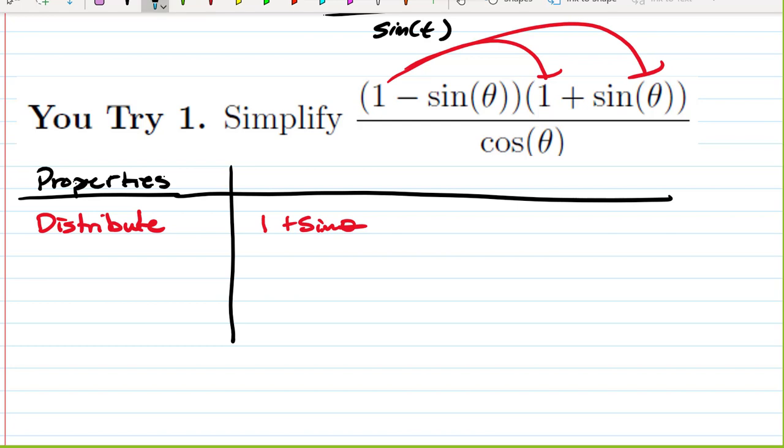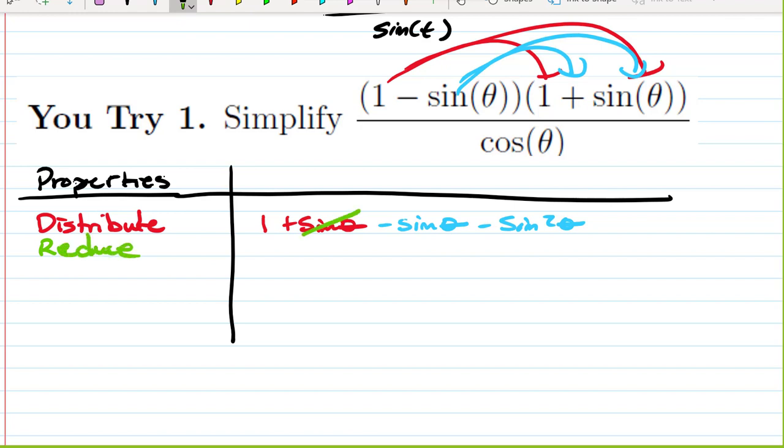And then we distribute in our sine theta and our negative sine theta. So we get negative sine theta times positive 1 is negative sine theta. Negative sine theta times positive sine theta is negative sine squared theta. And then we're going to reduce. So a positive sine theta and a negative sine theta reduce out. And then that leaves us with that over cosine theta.